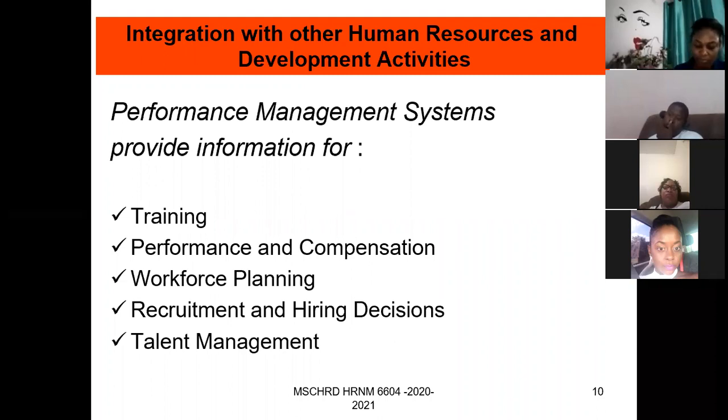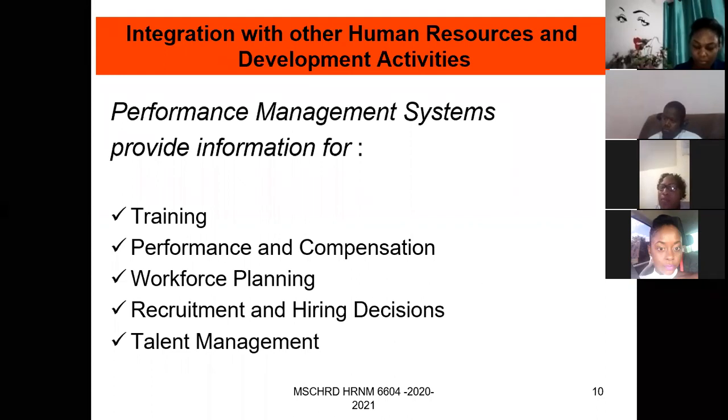So let me deal with the last item, which is talent management. Remember again, if you go back to the 6 purposes, you had a developmental purpose.